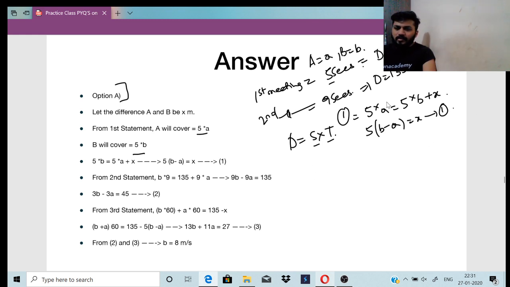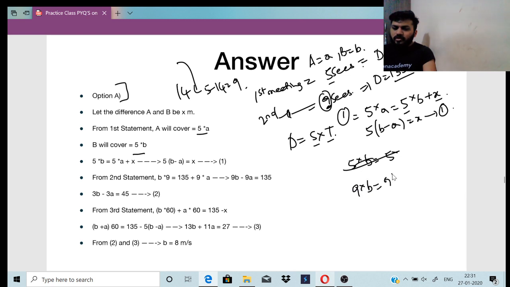Next, what is the second statement? Instead of x I am substituting 135. What does the time become? Time is 9 seconds, right? 14 was given from the start of the race, so 14 minus 5 is 9. So 9 into b is equal to 9 into a plus 135, right?